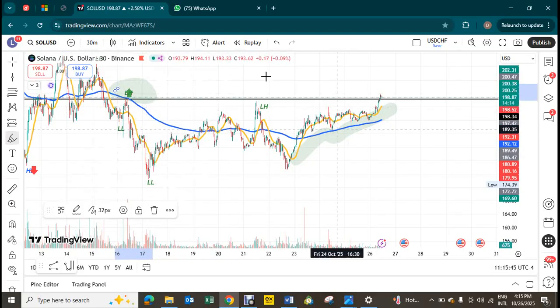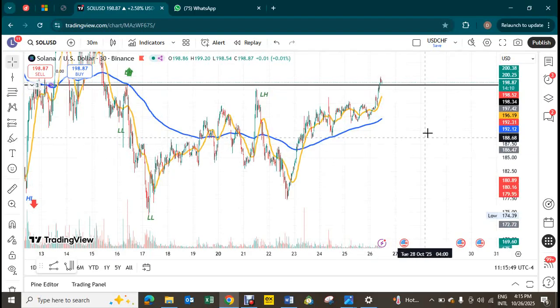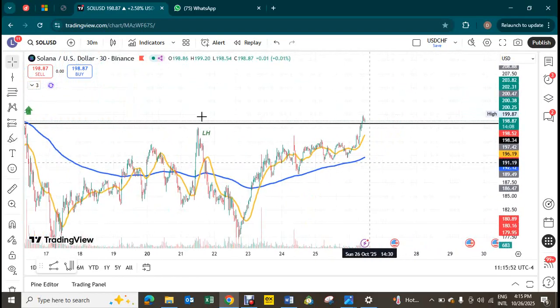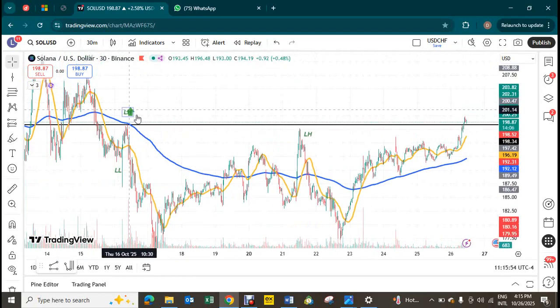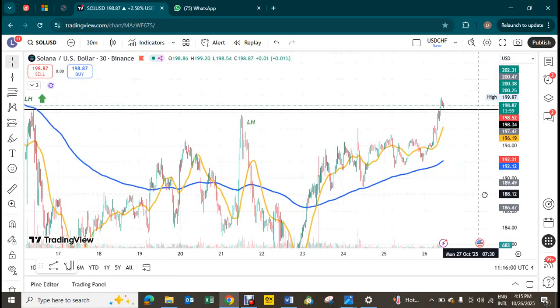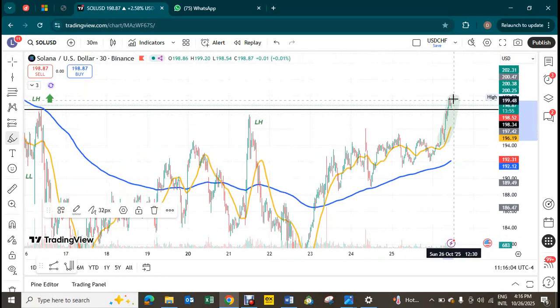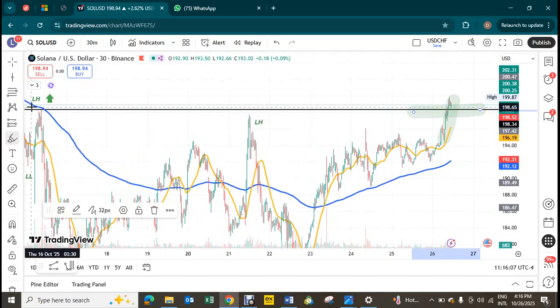And clearly we can see that price has broken that level, which is this level. Price has come up and broken this black line, which signifies a lower high.